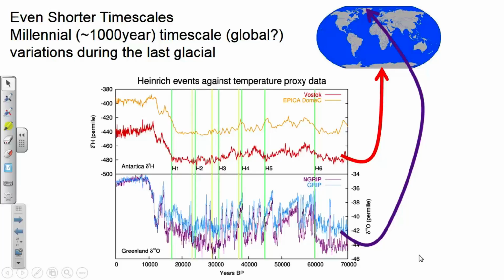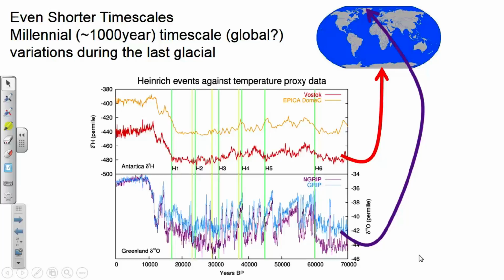The thing you can see here is that we've got quite a lot of high amplitude, high frequency variation. You can see that the temperature, particularly in Greenland, is going up, down, up, down, up, down. And the important thing is that the time scale of that variation is quite short, of the order of maybe a couple of hundred to 1,000 years.